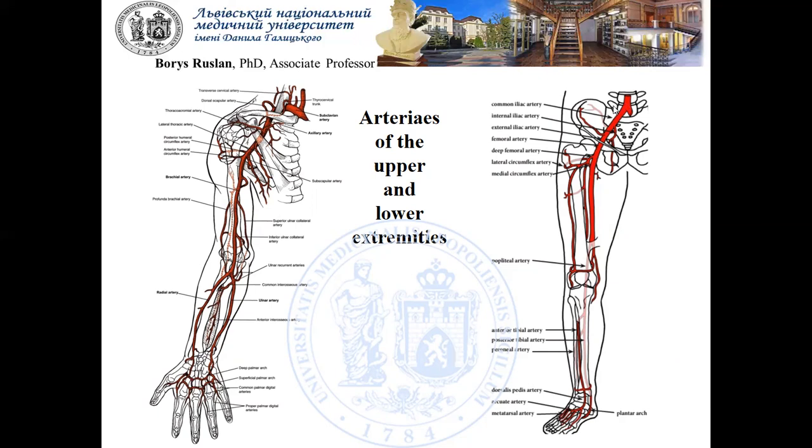Here you can see the common iliac artery, external iliac artery, internal iliac artery, femoral artery, popliteal artery, anterior tibial artery, posterior tibial artery, and the plantar arteries and plantar arch.